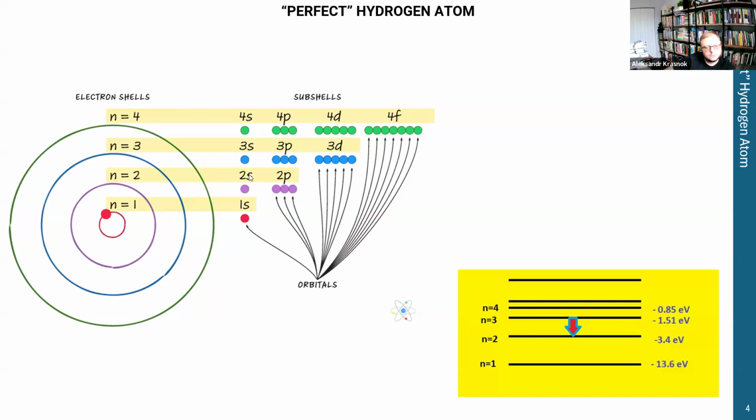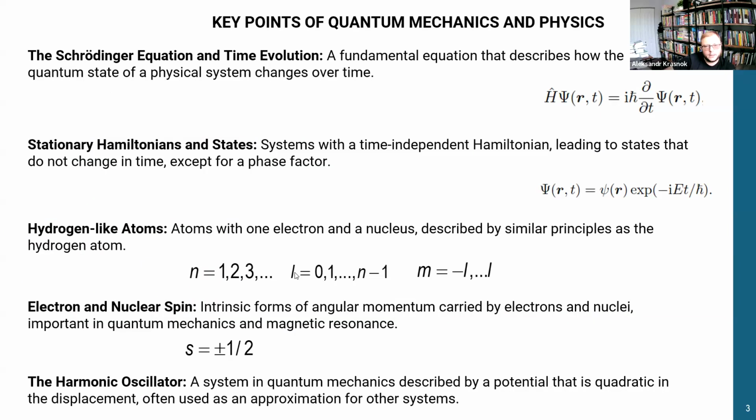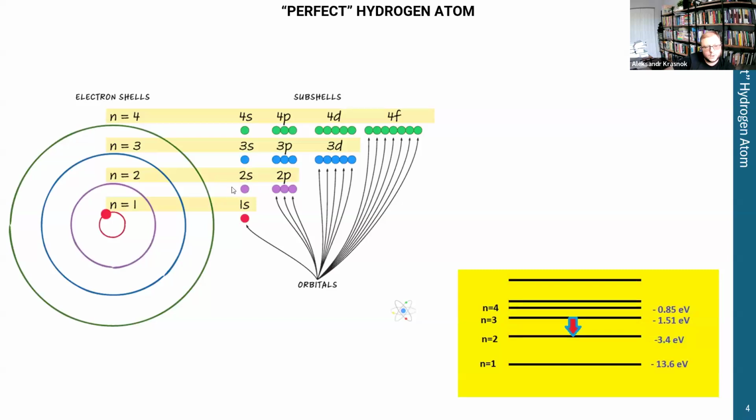For n equals 2, we have two possibilities, because L can be equal to 0 or 1, and M can be -1, 0, 1, and also 0 again. That's why we have one orbital at the shell 2s, and 3 orbitals on the shell 2p, and so on. Let us consider the third case, the state number 3.